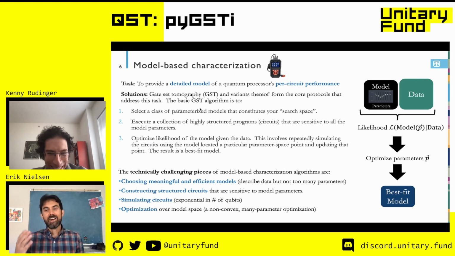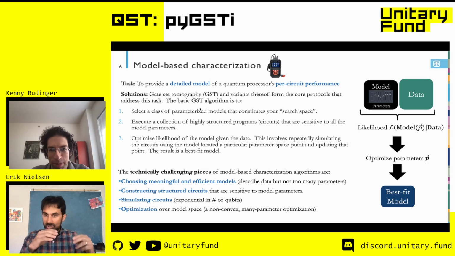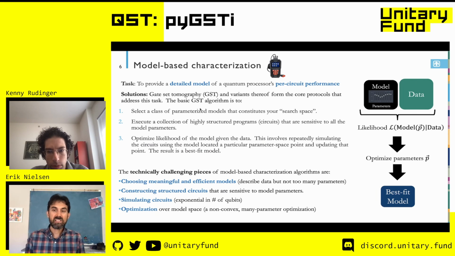Okay, so even before we get to the model, there's the data. How did we get the data? We needed to know what circuits to actually run that would give us data that was sensitive to all those different sliders on the model. That's a difficult problem. Simulating the circuits is known, that's just an exponential in the number of qubits hard problem, and a lot of good research has been done on solving that problem in its own right.